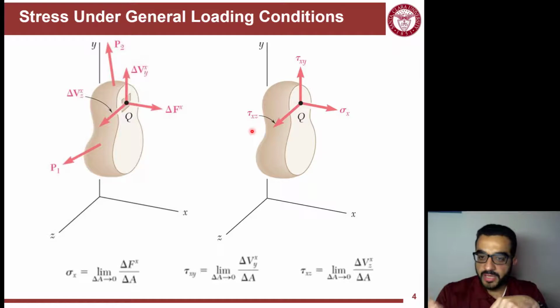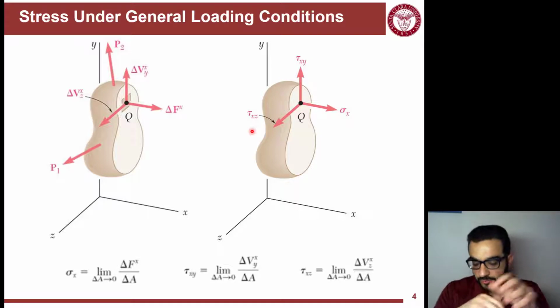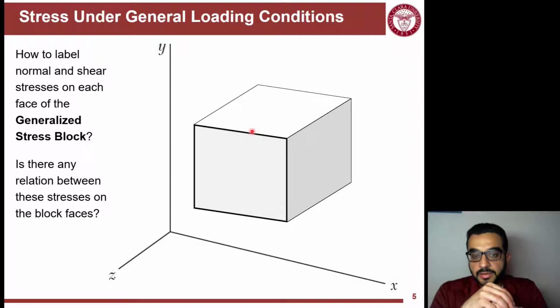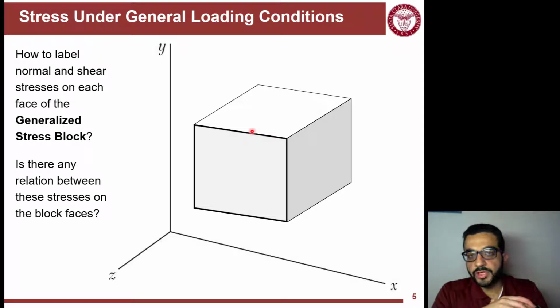I can stick to the x, cut perpendicular to the x like here, but deal with the left part, not the right part we have here. So the idea is now every point within a material, I can represent it with a block of stresses. And this block is referring to the different cuts I can make, with orientation to my XYZ axes.